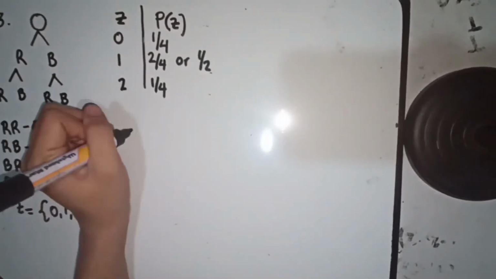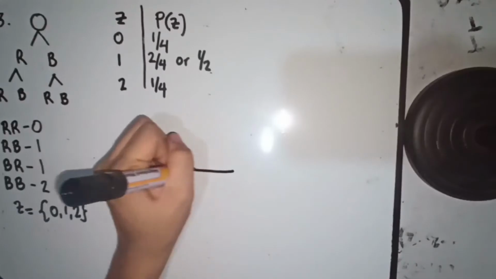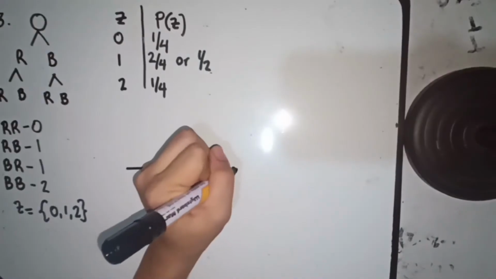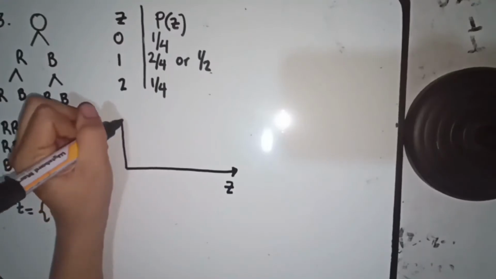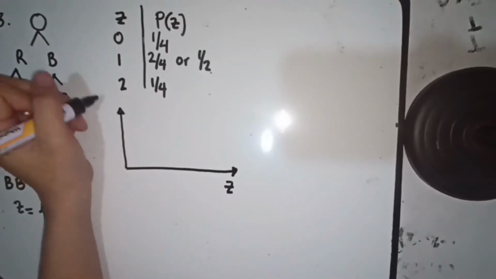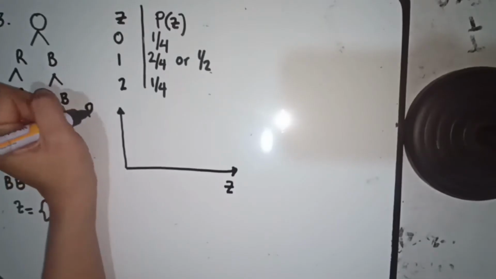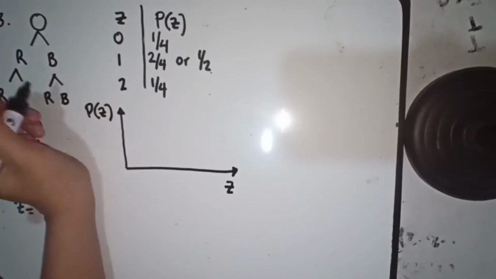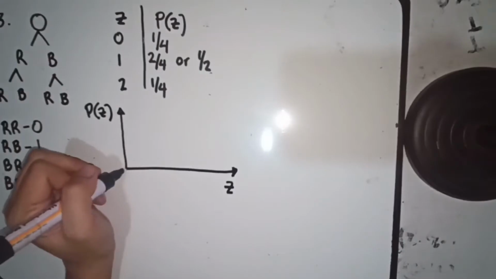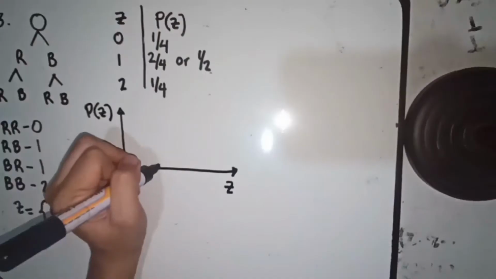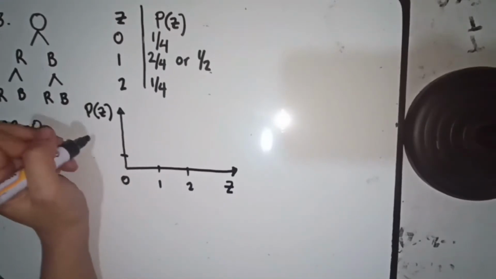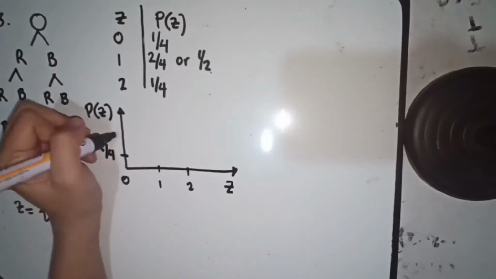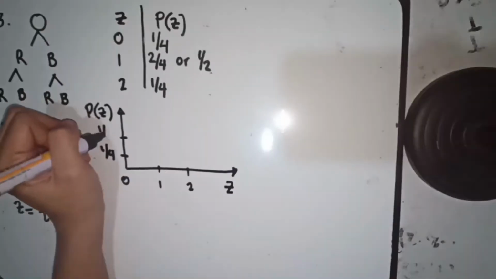Now for our histogram, again, on the horizontal line we have the values of our random variable z, and on the vertical line we have the corresponding probabilities. So the values of z are 0, 1, and 2. For P of z, we have 1 fourth and 2 fourth or 1 half.